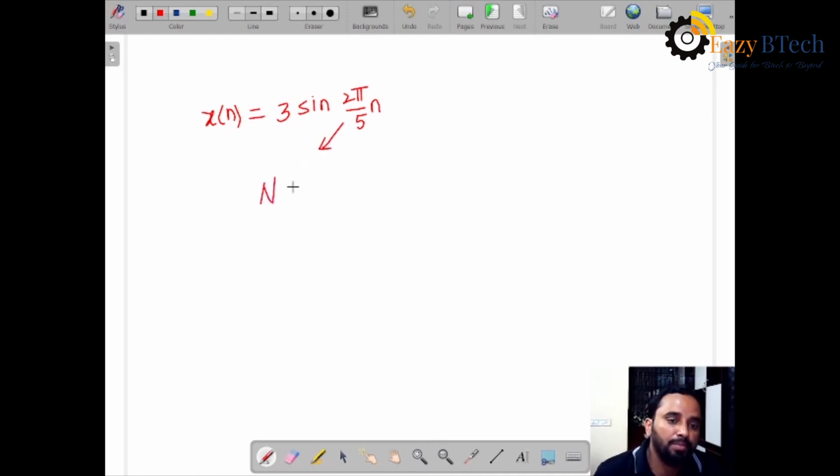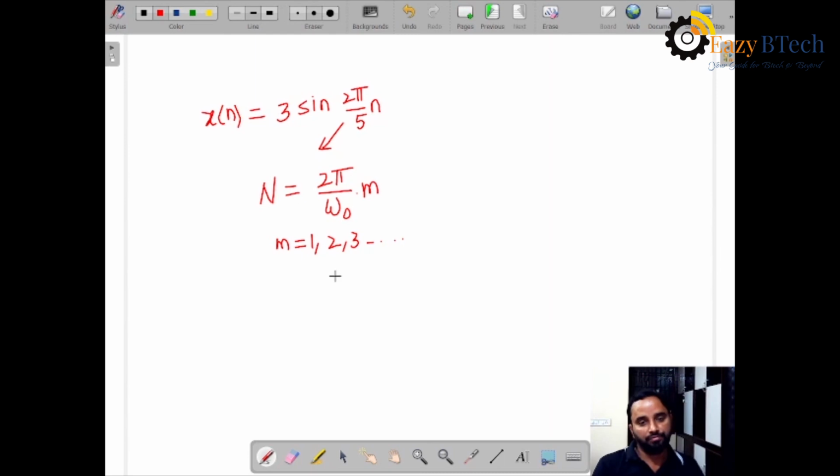The time period capital N is equal to 2 pi by omega naught into small m. m is any positive integer, 1, 2, 3 and so on. So using m, we can make capital N an integer. I told you for discrete time, the period capital N must be an integer.